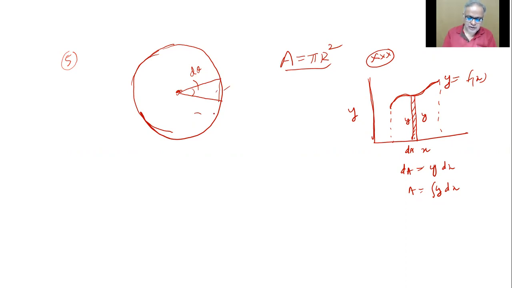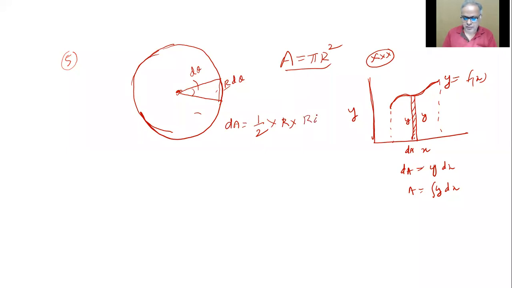This is very close, very close. So this becomes a triangle. So the small area dA of this will be half into base r into height. This was r d theta, isn't it so? This is equal to r d theta. This is almost the height now, because d theta is infinitesimally small.